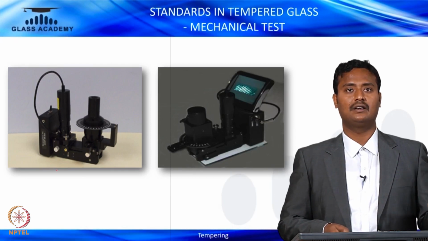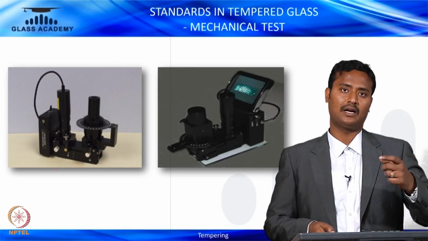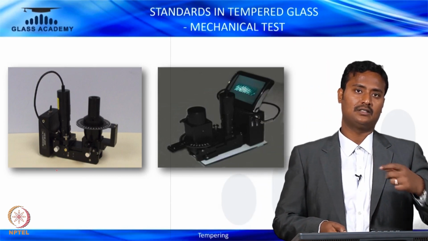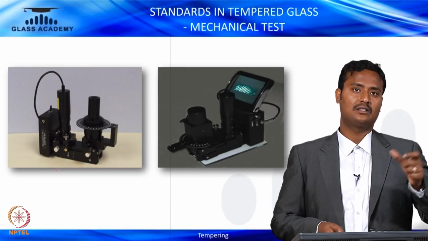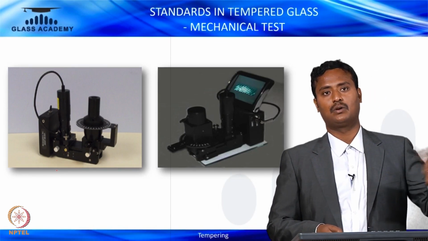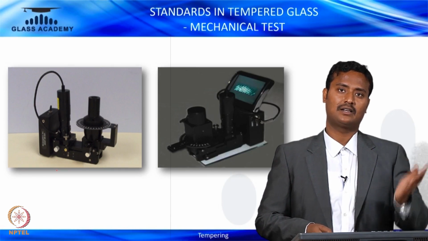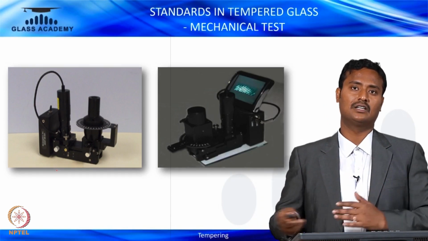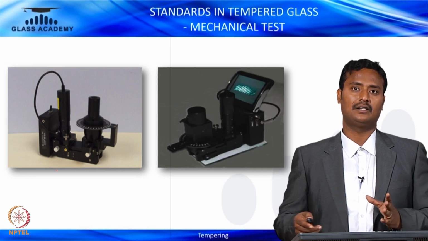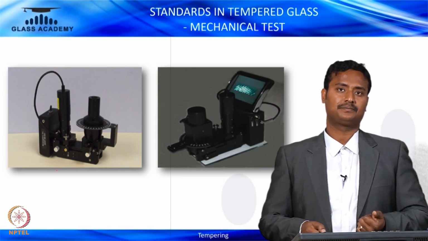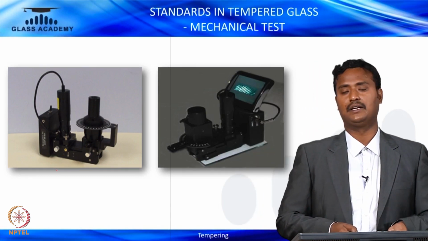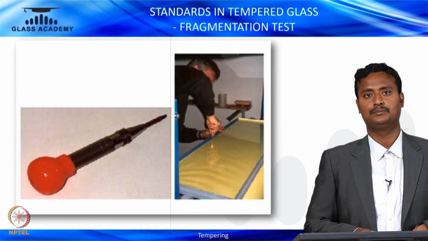The left-hand side is manual, where you dial until the line becomes horizontal, and based on the dial gauge there is a chart to read. The right-hand side is digital, where you can see it exactly without altering anything. You can see the rim lines on this digital meter as well.